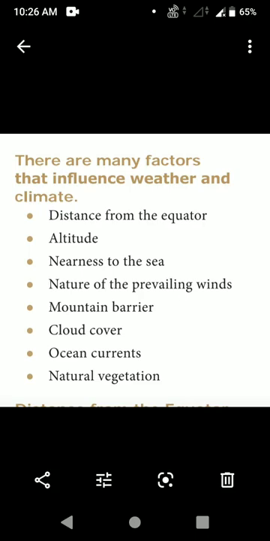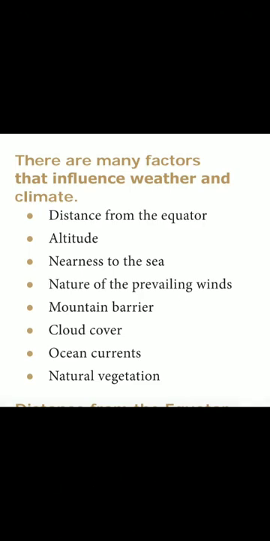Next, the fourth one is the nature of the prevailing winds. The fourth factor that influences weather and climate is the nature of the prevailing winds. Here, the winds change the climate of a place based on where they blow from. When wind blows from a warm region, it makes the place warm.